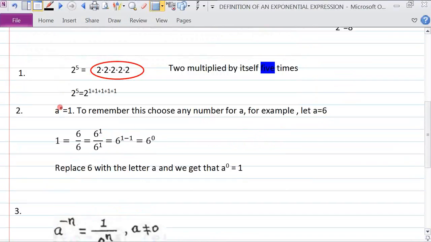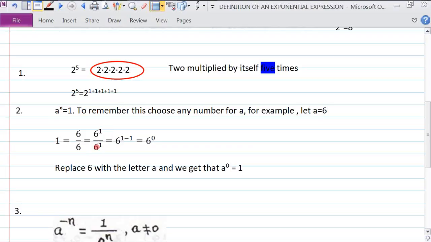We're trying to prove that a to the 0 is 1. So 1 is equal to 6 over 6. 6 divided by 6 gives me 1. This 6 is 6 to the power 1, and this 6 is 6 to the power 1. When I bring this power up, it changes sign and becomes minus.